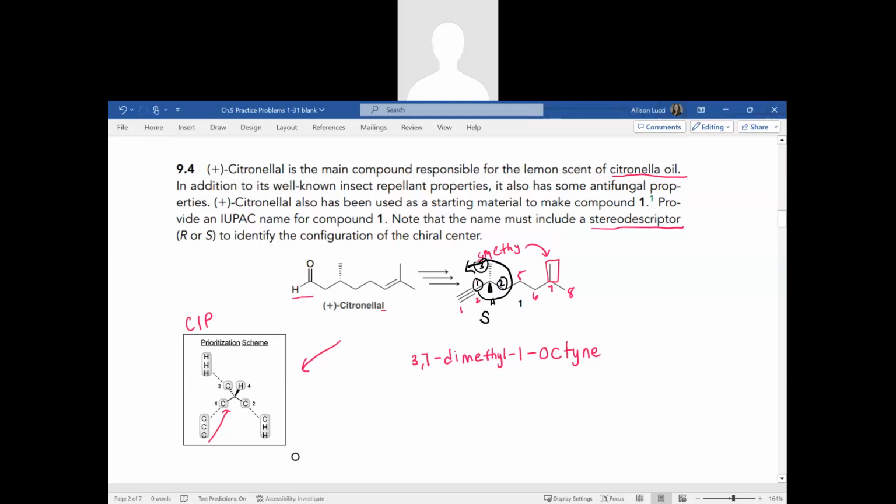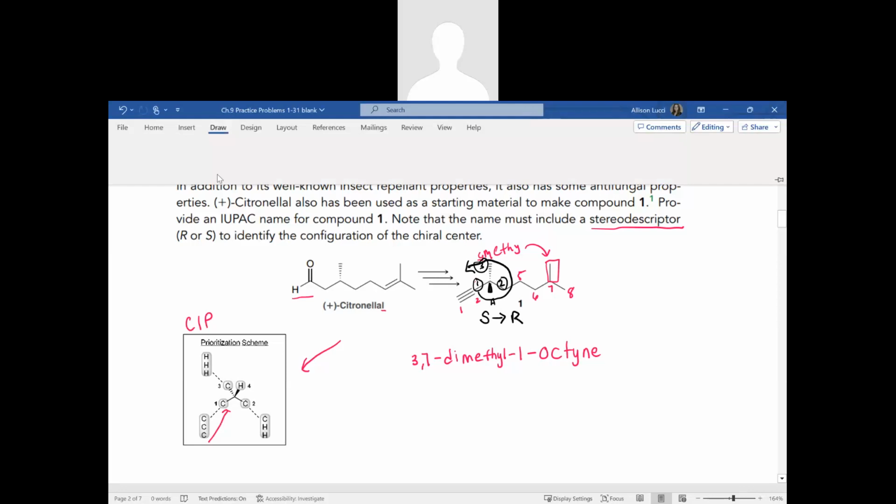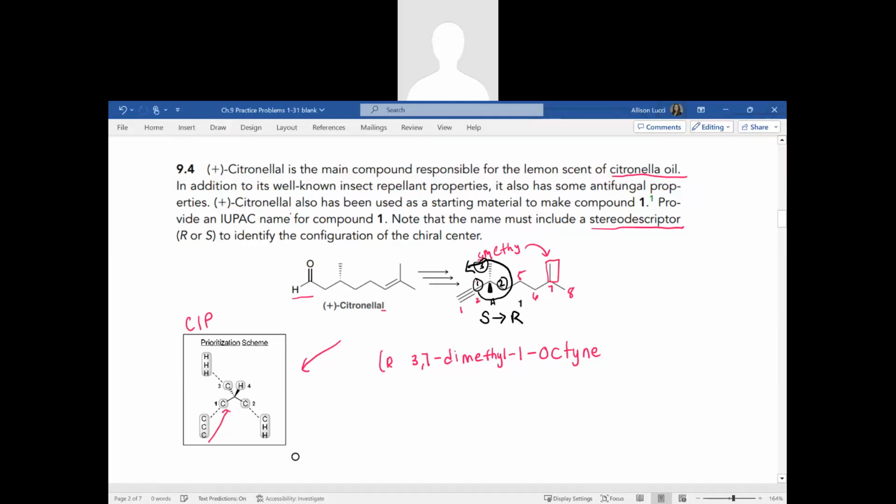But notice that our lowest priority group, the hydrogen, is on a wedge instead of on a dash. And we know that to properly orient, we need that to be on a dash. So we're going to convert this S configuration to an R. So our final compound nomenclature will have R configuration, and this will be our full name for our alkyne, (R)-3,7-dimethyl-1-octyne.